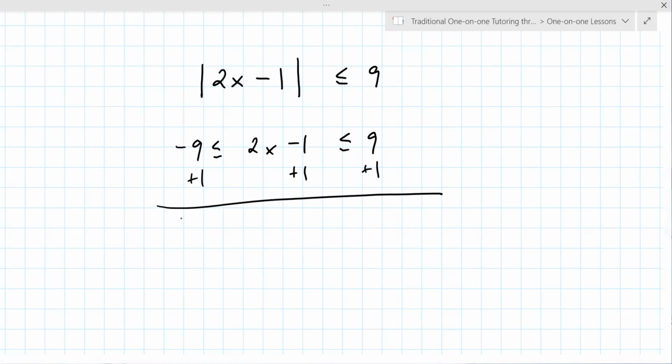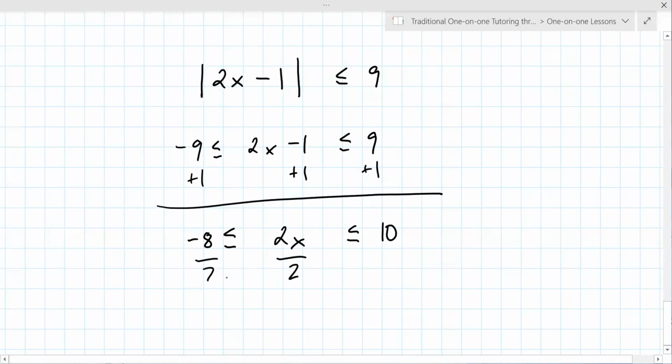-8 less than or equal to 2x less than or equal to, what is 9 plus 1? 9 plus 1 is 10. It is 10, yeah. Okay. And then you divide by 2 everywhere.